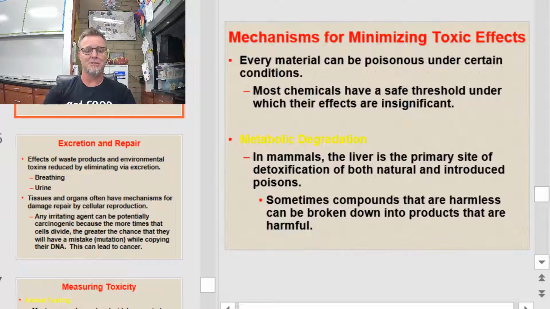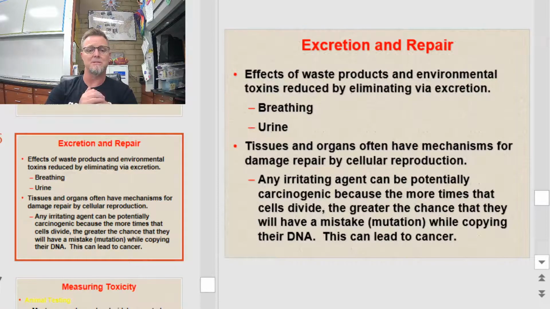Metabolic degradation is also important. In mammals, your liver is the primary source and site of detoxification for both natural and introduced poisons. Sometimes compounds that are harmless can be broken down into products that are actually harmful in some place like your liver, but more often than not, your liver can process out a lot of the different things that you expose it to.